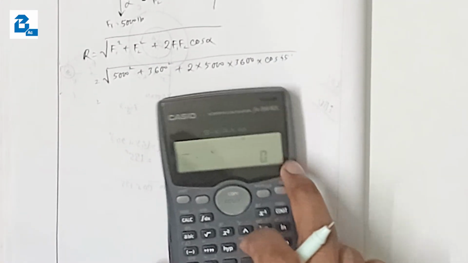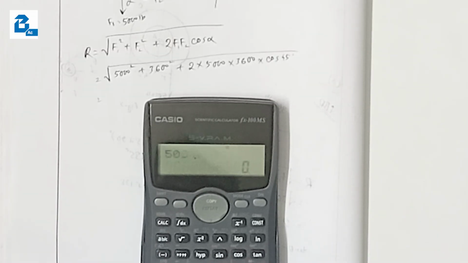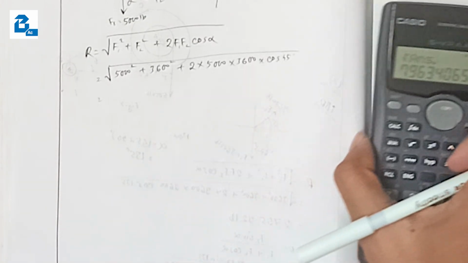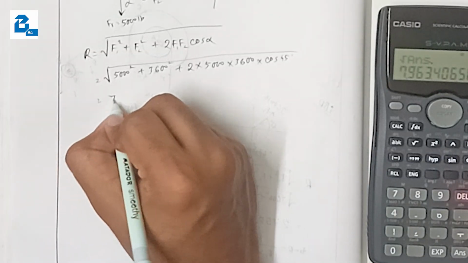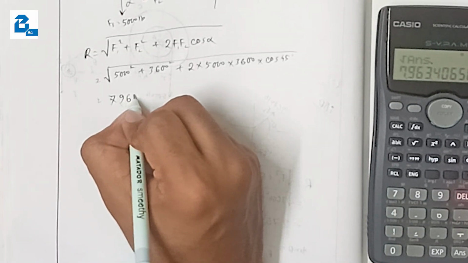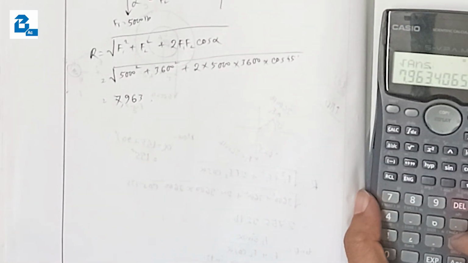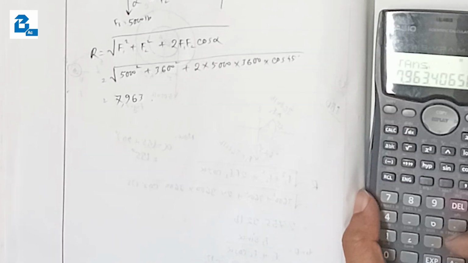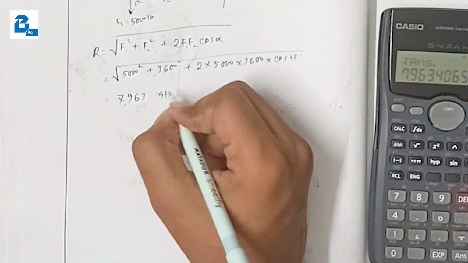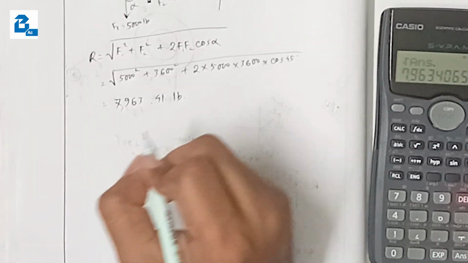And if we calculate it, then root over answer we get 7963.41 pound.